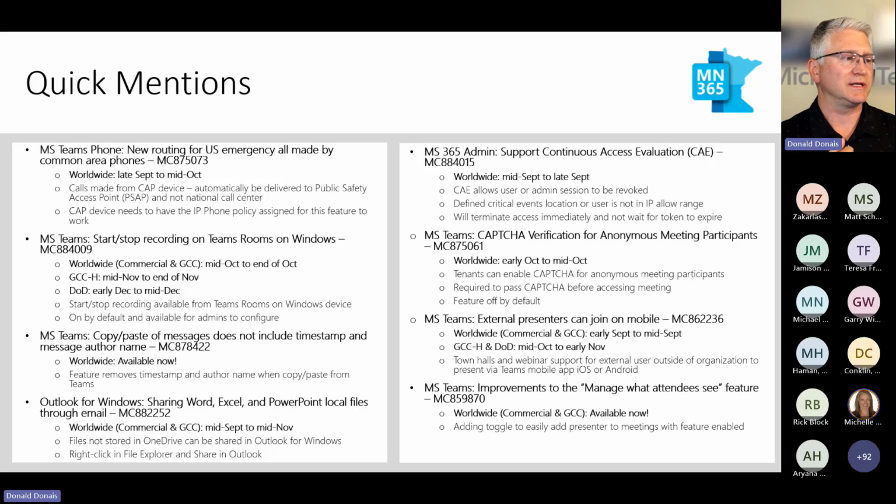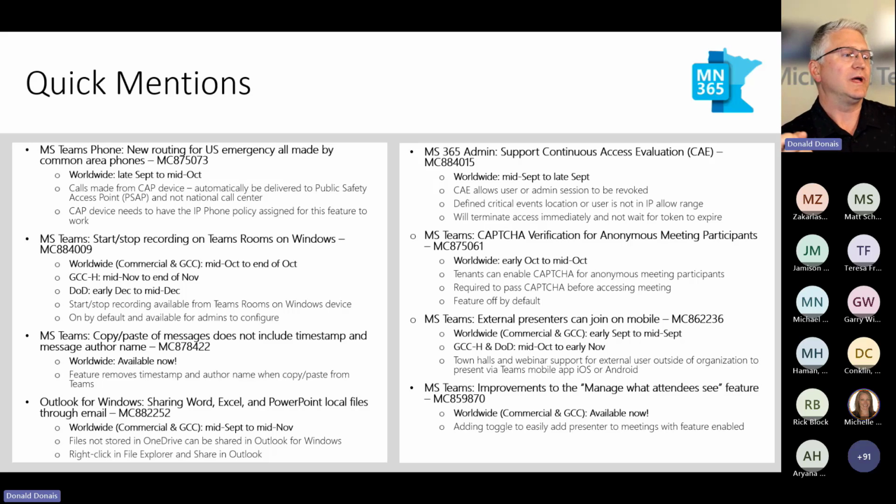The first one is if any of you have deployed Teams Voice or Teams Phone and you have desk phones that are called common area phones, there's a change happening here in September to mid-October for what we call common area phones or CAP devices. Basically it's changing where an emergency call goes from that CAP device.